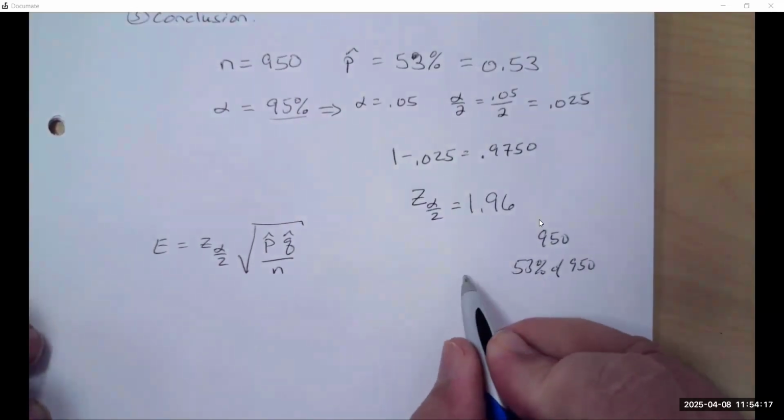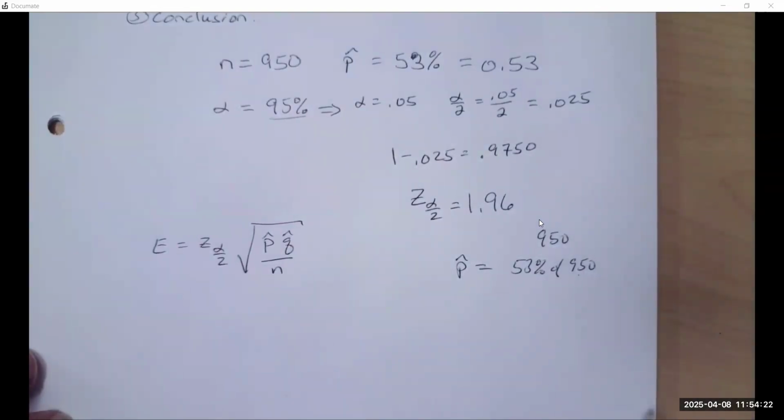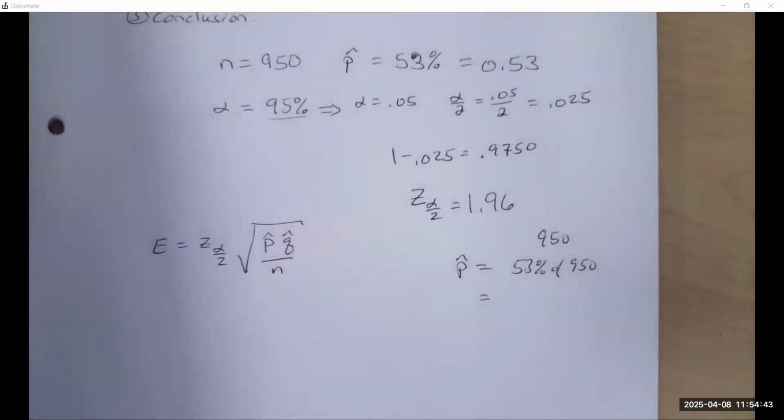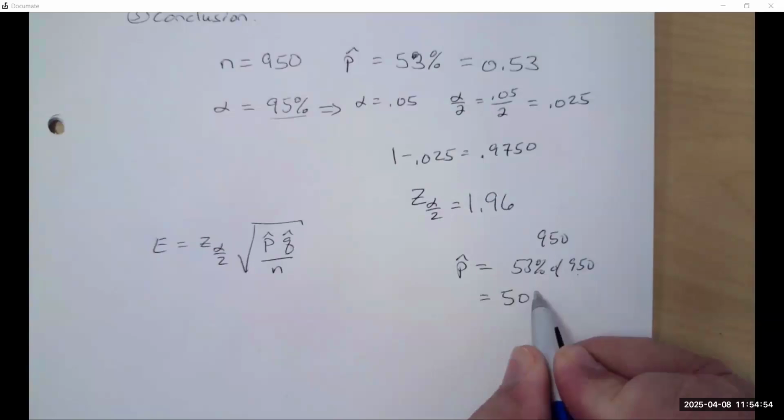So our P hat would be 53% of 950, which is what? 0.53 times 950.